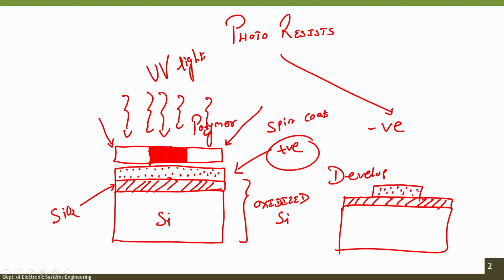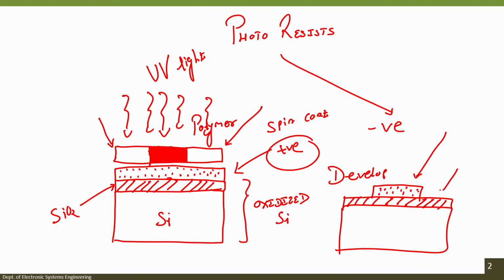The region which was not exposed became stronger, while the photoresist that got exposed through the transparent layer got weaker.